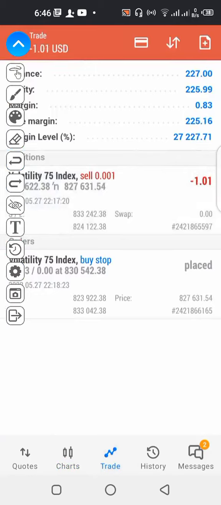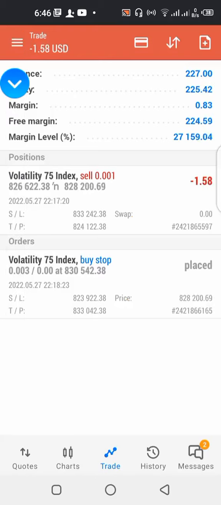Okay, if you look at the entries, the orders, the calculation. If you look at it from 82622.38, which is for my sell order, I have an edge spacing up to 83.